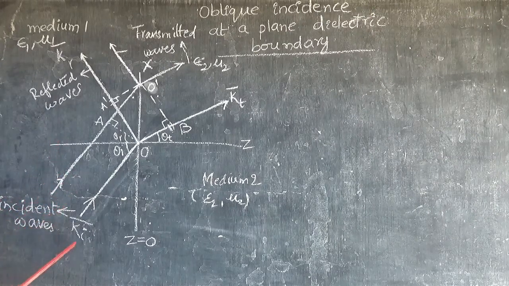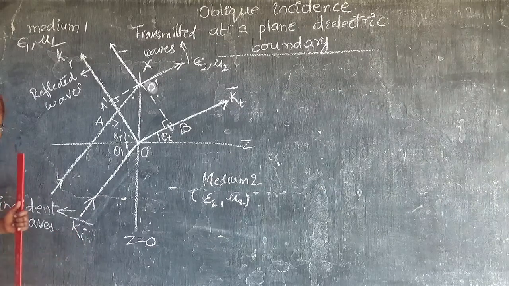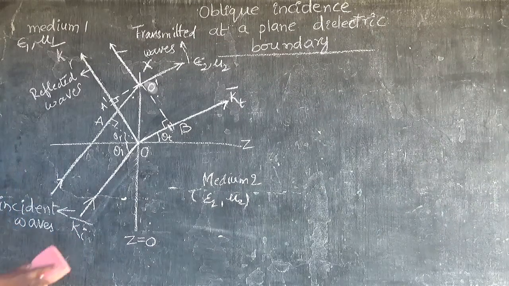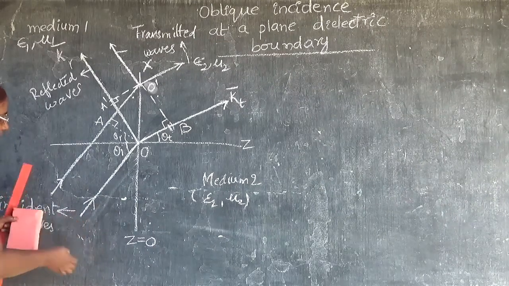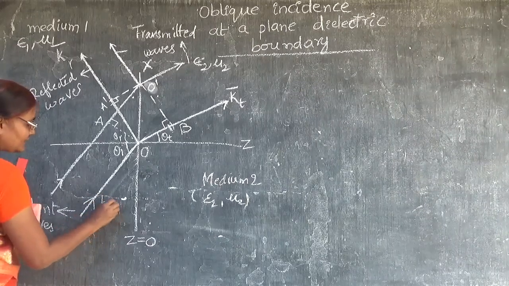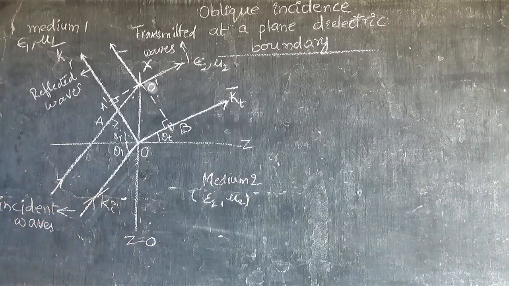Now here, this is nothing but Ki bar, and Ki bar is the vector which is along the direction of propagation of the incident wave.